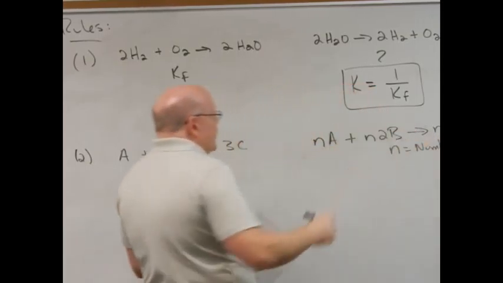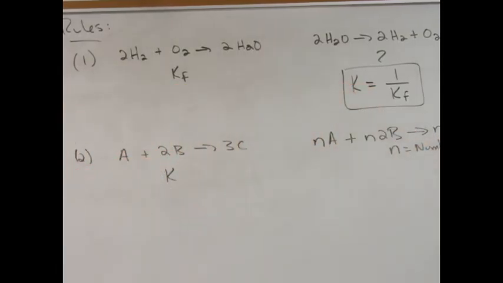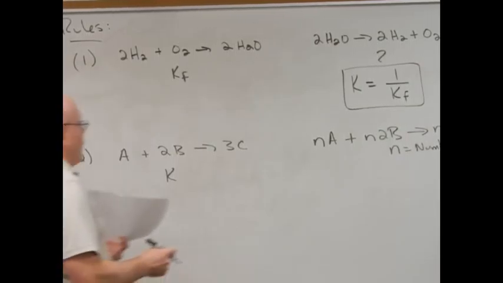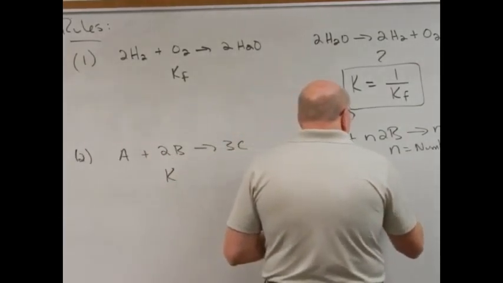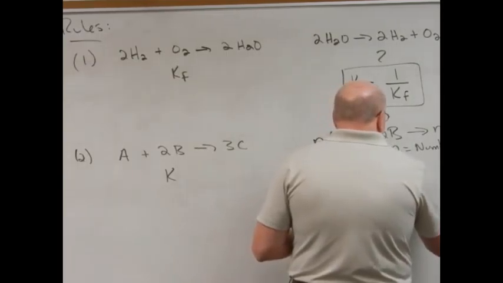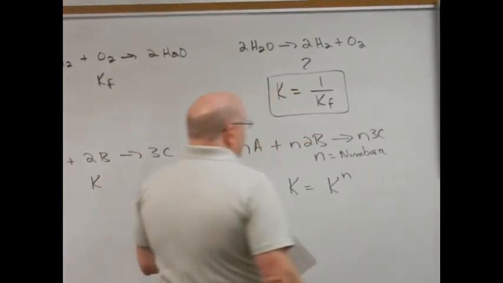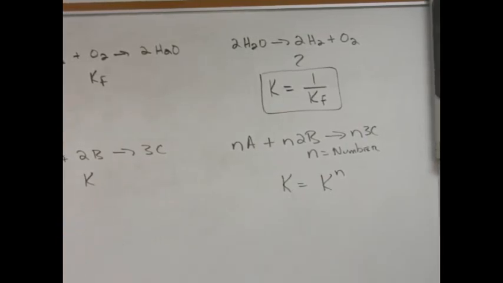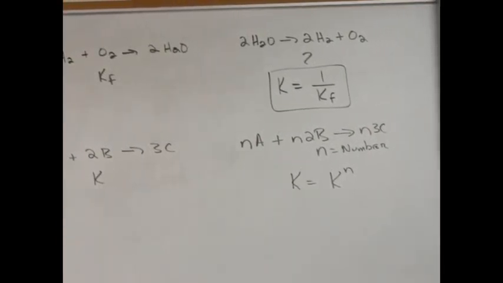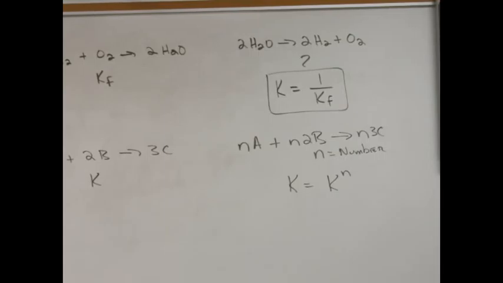That is, I multiply every coefficient by a number N. The rule for that is that if we do that, the new equilibrium constant is the original equilibrium constant raised to whatever that number is. You multiply the whole thing by 3, then you take the equilibrium constant and you raise it to the 3rd power. That's the relationship that we can have for that.